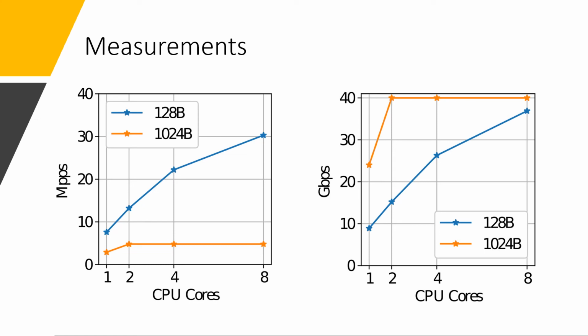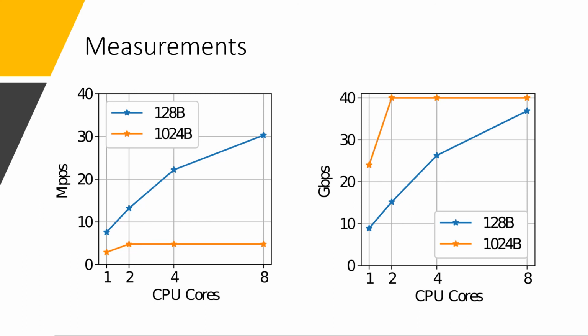As you can see in the left image with the blue line, 128 byte packets can be processed at around 8 million packets per second with just one core, which is around 9 gigabits per second, shown in the right image. And it increases almost linearly with the number of CPU cores, so we can say that this external service scales well with the number of cores.